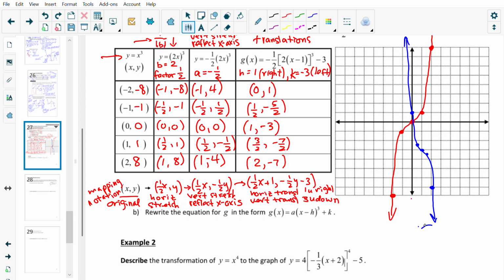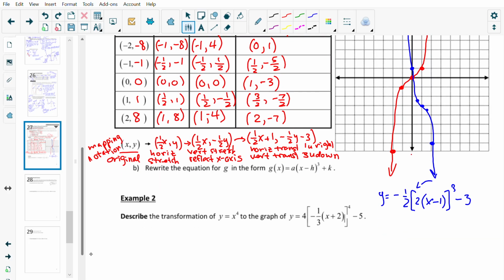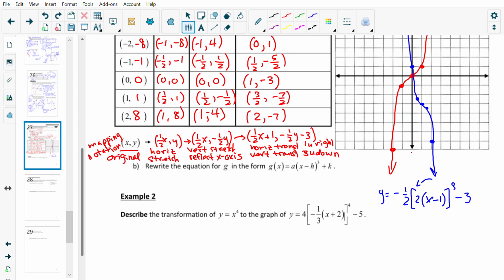Okay, so this one is y equals negative 1/2 in square brackets times 2 times x minus 1, square brackets cubed, minus 3. Rewrite the equation for g in the form g of x equals a times x minus h to the third plus k.